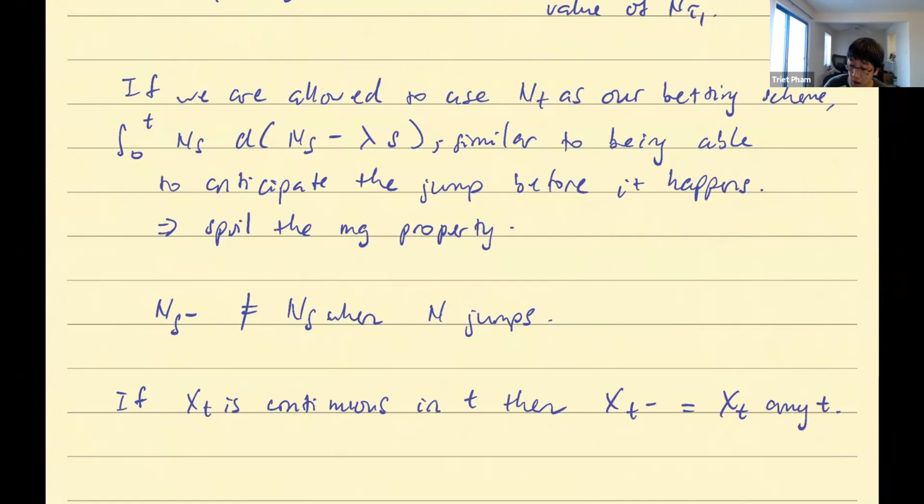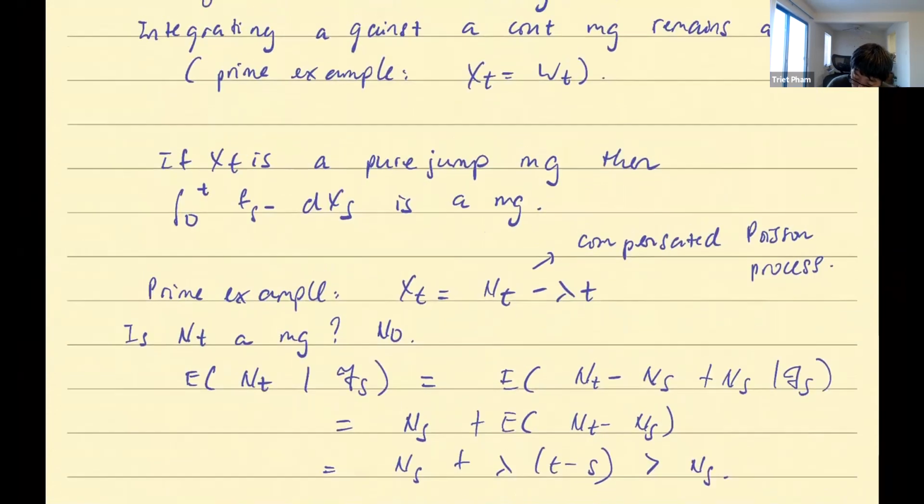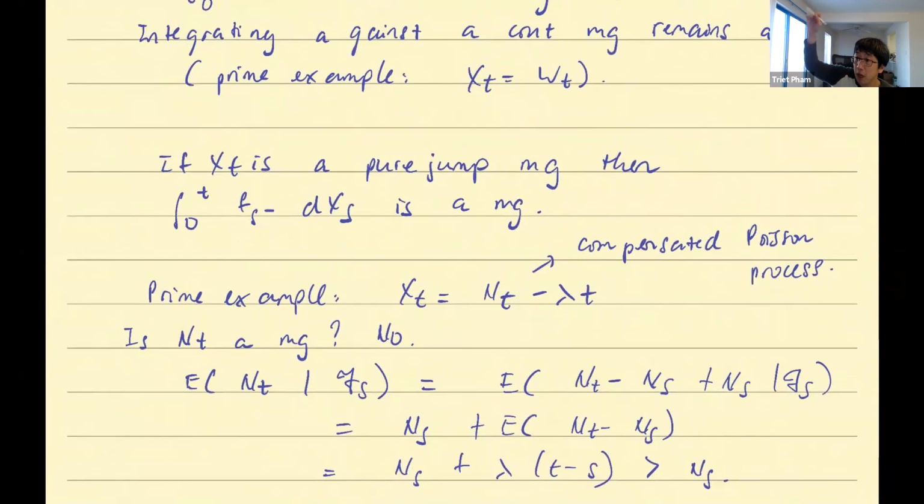This is clear, because if something is continuous, then the left limit is equal to itself. So in other words, if you have a continuous process, if your betting scheme is continuous in time, then actually this notation is not necessary, because it's continuous, so you just use whatever it is.